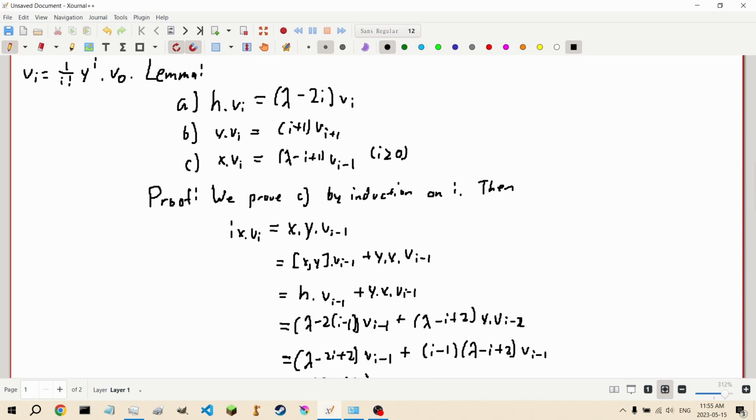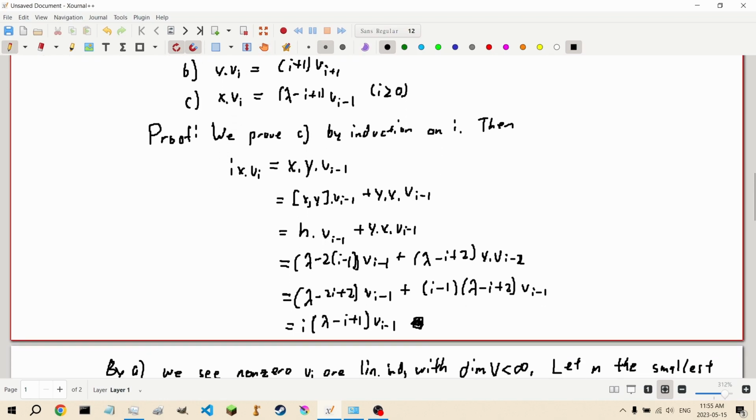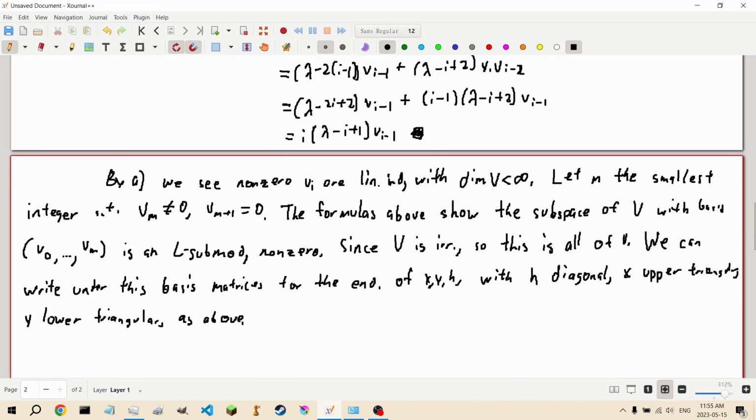Now if we look at this formula C again, if we plug in i to be m plus 1, okay, I'm going to write this here.